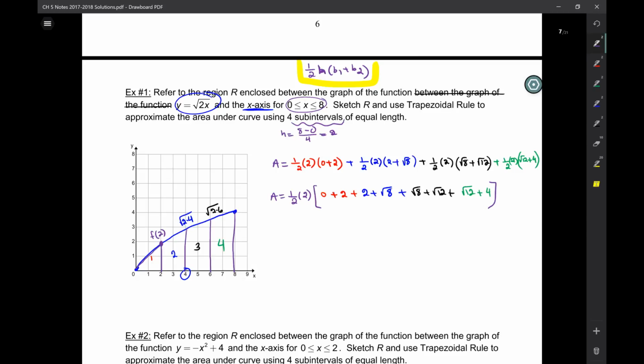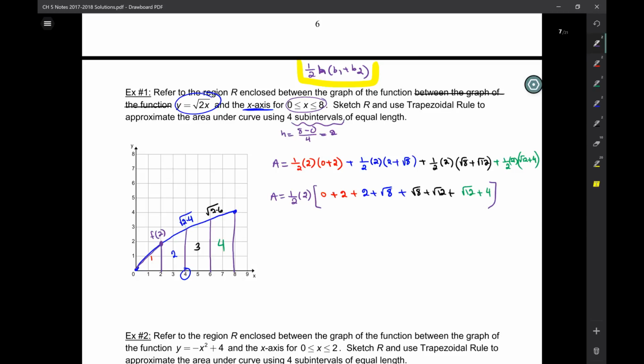So look at the trapezoids. Look at these vertical lines. In the first trapezoid, the bases are the leftmost one and then this repeats for the second, and then it repeats for the third, and then it repeats for the fourth. So the inside lines are being used twice.